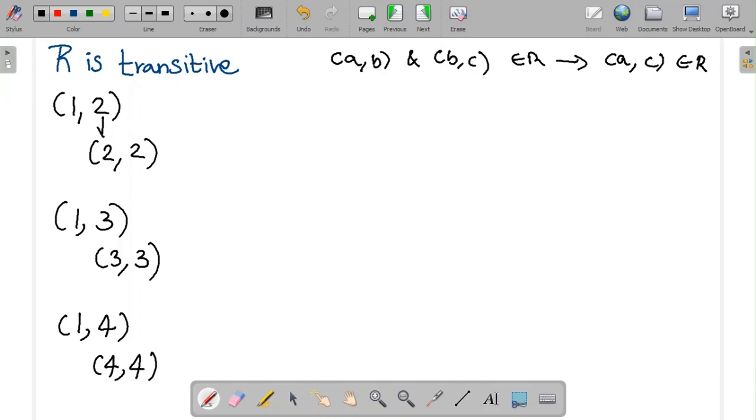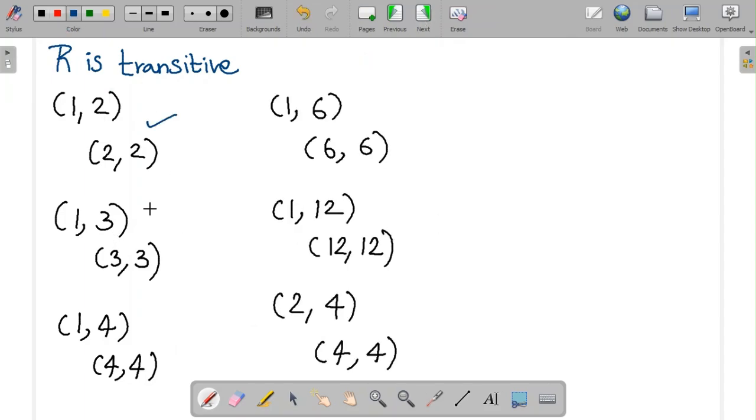We have (1,2) and (2,2). This must mean that (1,2) is part of the relation. 1 divides 2, therefore it is definitely part. (1,3) and (3,3) will lead to the pair (1,3), which is also part of the relation. (1,4) and (4,4) will mean that (1,4) must be part of the relation. That's obvious. So these pairs have been checked.